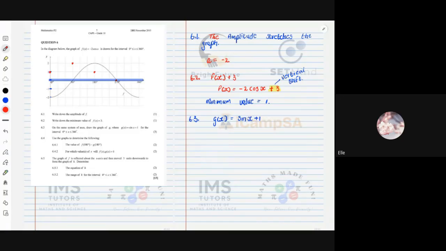And remember, usually when our graph has not been shifted, we find it at -1 at 270, but here you can see it is at 0. Sine 360 plus 1 is 1. So that will be our sine graph.